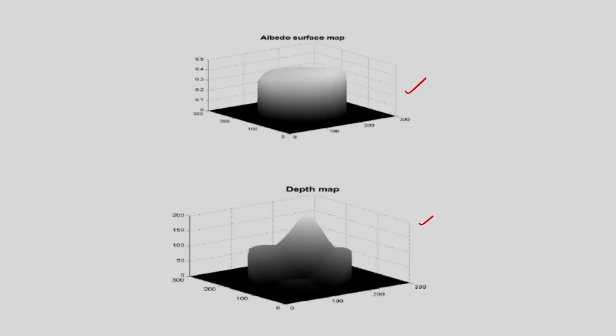So the principle of photometric stereo I have already explained in my classes. So this is the output of this assignment, that is you can determine the albedo of the surface map. Albedo you can determine, and also from this you can determine the depth map. This is about the third assignment.